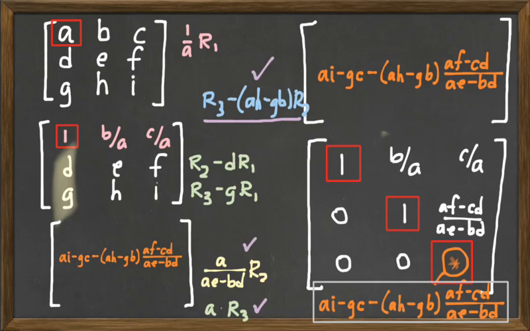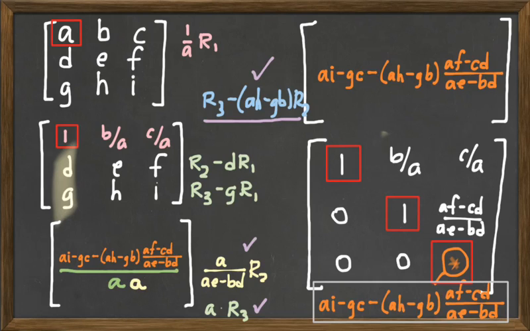So when I multiplied the third row by A, I should compensate for that by dividing this determinant by A. And likewise, when I multiplied the second row by that fraction, A divided by AE minus BD, I should compensate by dividing by that fraction.